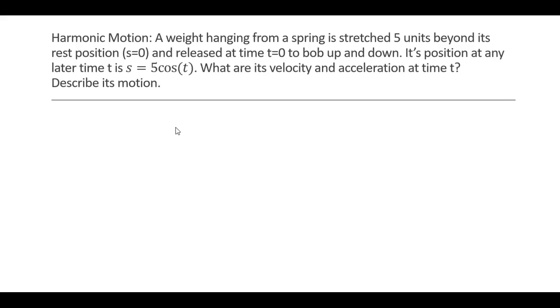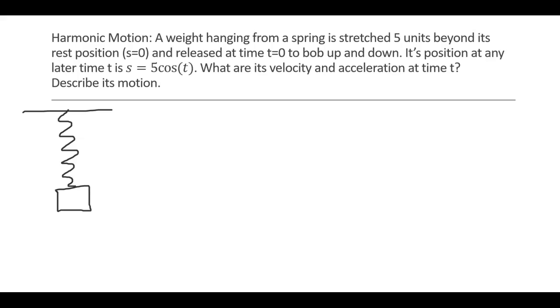So the first thing we're going to look at is harmonic motion. A weight hanging from a string is stretched 5 units beyond its position at rest. So we have this weight, and it's just hanging out. Here it is sitting at rest.